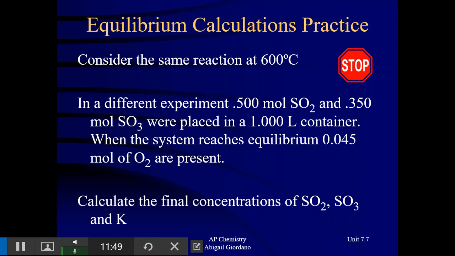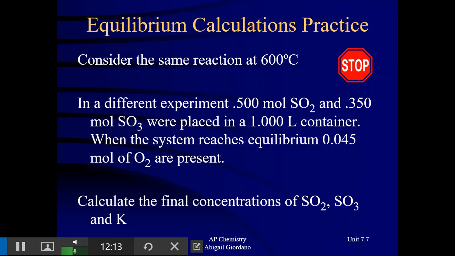Okay, as I said, this question is based off of the same balanced reaction we were just looking at. In the first sentence, you're given moles of SO2 and moles of SO3. You might be asking yourself, well, wait, where are the moles of oxygen? That's part of the reaction.